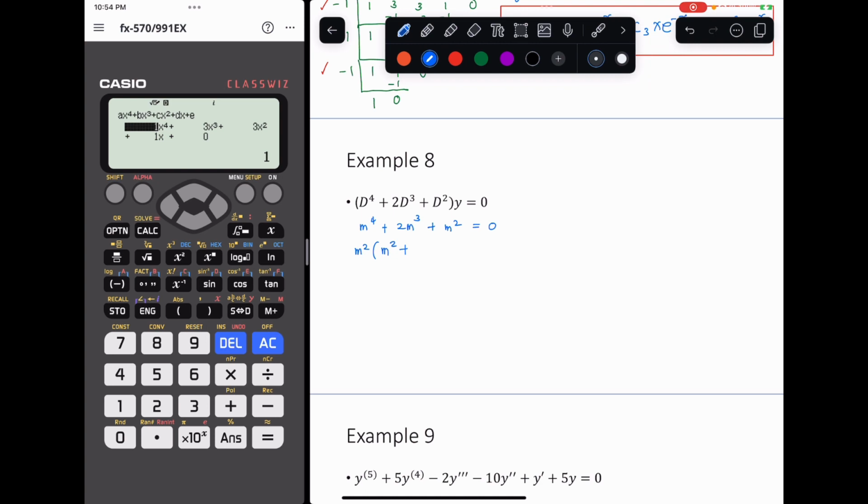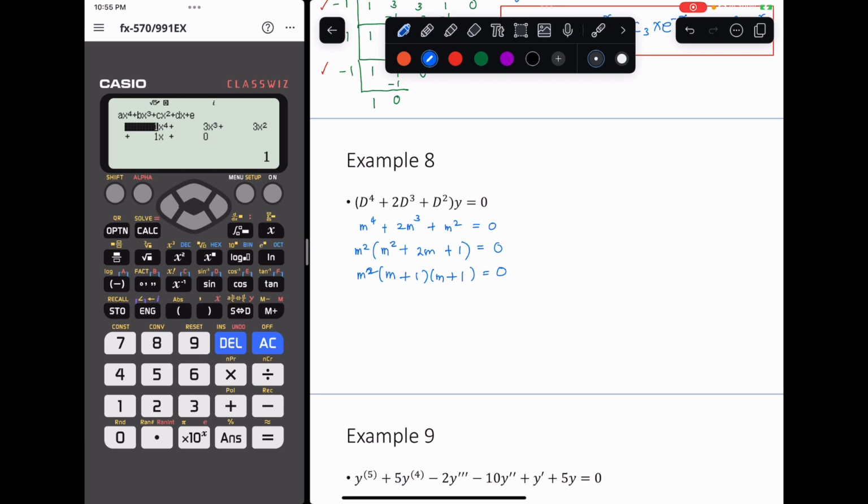Then plus 2m. And then plus 1 is equal to 0. And I can factor this one as m squared, then m plus 1 times m plus 1.